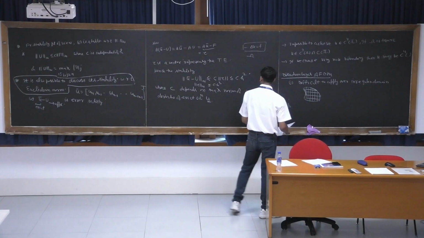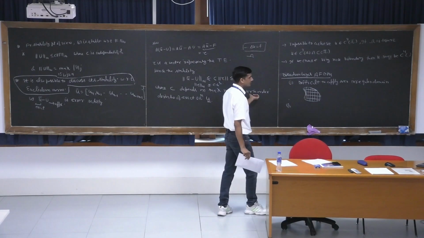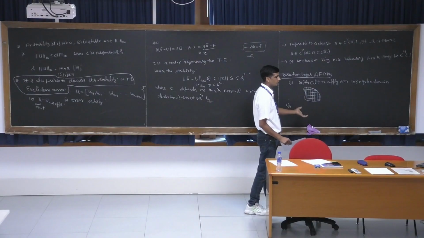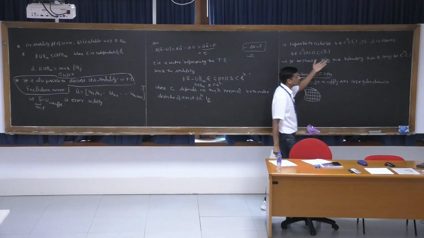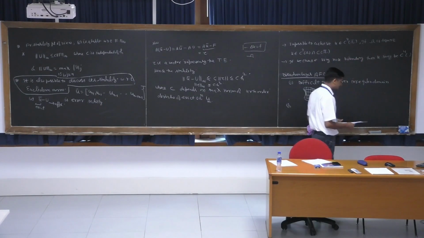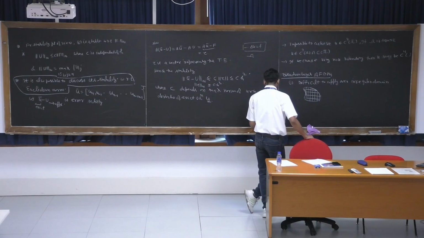The second one, as I told you, is that it requires high regularity of the solution. As I told you here, if U is C4, then we can estimate its stability and other things.